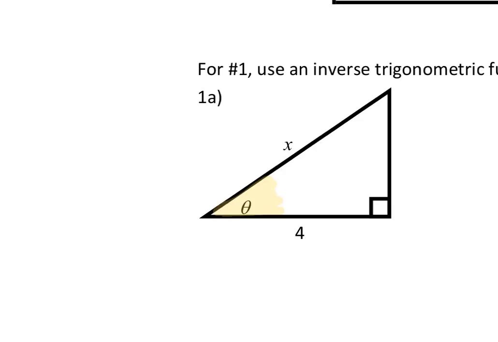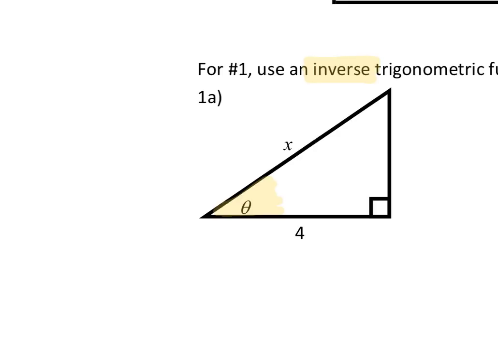When we are talking about an inverse, we want to exchange the input and the output. So the inverse trig function is going to have an input that's the ratio of the sides, and the output, or the answer to your equation, is going to be the angle itself.